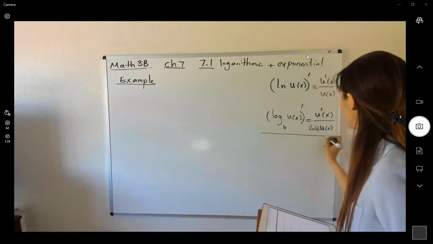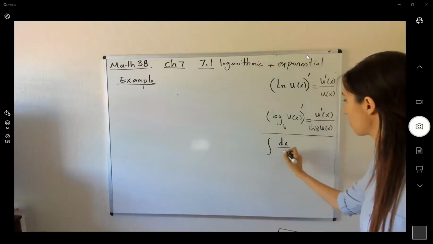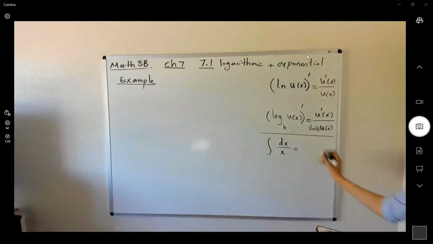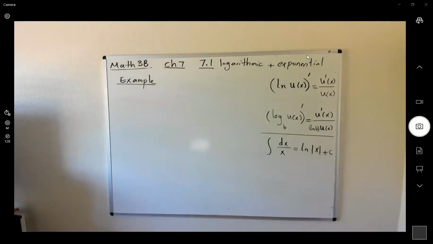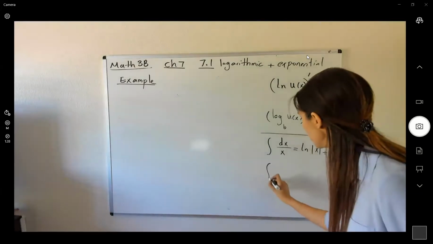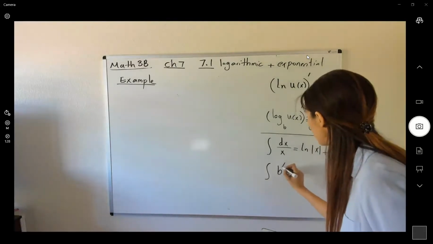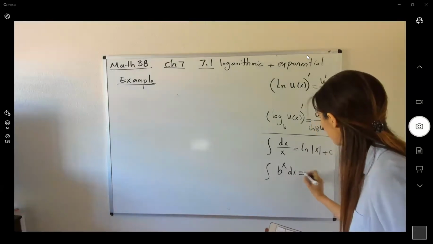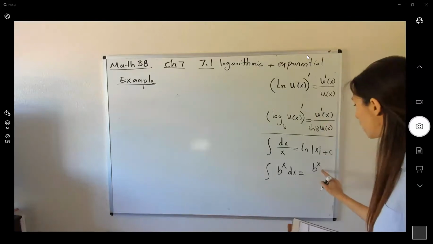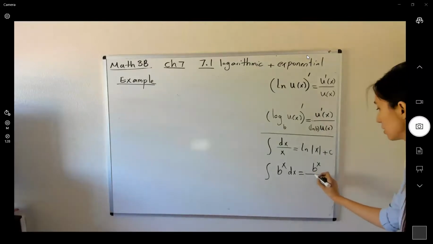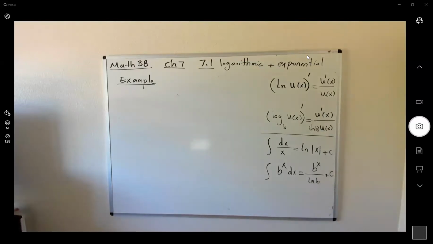Now the integral of dx over x is equal to ln of absolute value of x plus constant of integration. And when you're taking the integral of b to the x dx, it's equal to b to the x, your exponential function, divided by ln of b plus constant of integration.